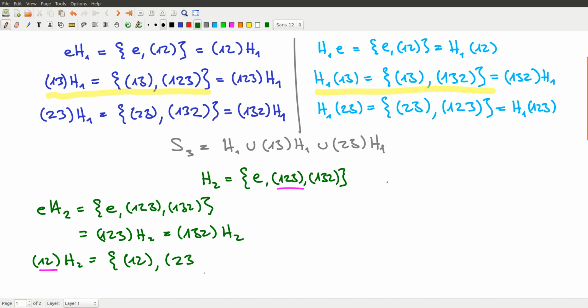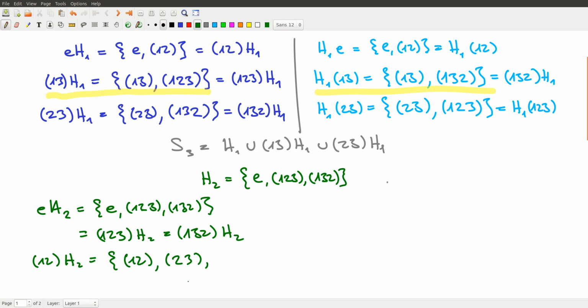So that looks wrong. Let's try again. 1 is mapped to 2, 2 back to 1. Okay, fine. 2 is mapped to 3, that's where it stays. 3 is mapped to 1 here, and 1 is mapped back to 2. So we can just close this here. Fine, that's what I expected.